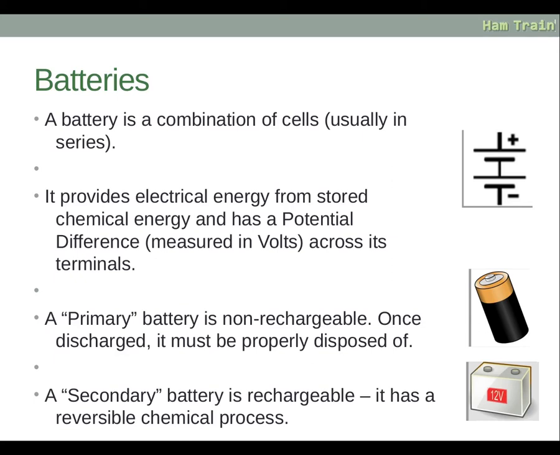A primary battery is not rechargeable. Once it's discharged, it must be properly disposed of. And this is what we think of as the typical battery, a non-rechargeable battery. Once it's used, it's disposed of. A secondary battery is a rechargeable battery, and its chemical process inside is reversible, so we can recharge it back to the full voltage.